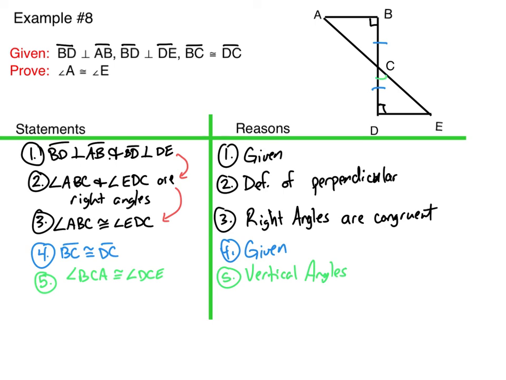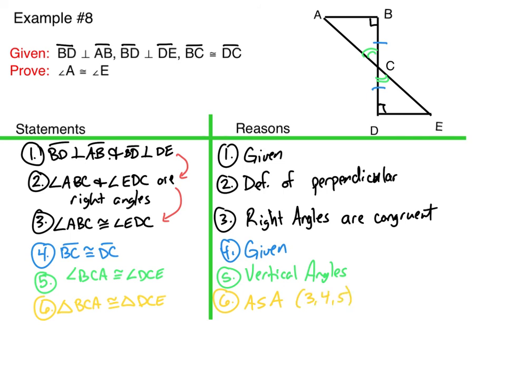Right, so let's label that as well. And now take a look. I have my congruent triangles. So step 6, triangle BCA is congruent to triangle DCE. And reason 6 is that I have angle, side, angle, and that came from step 3, 4, and 5.